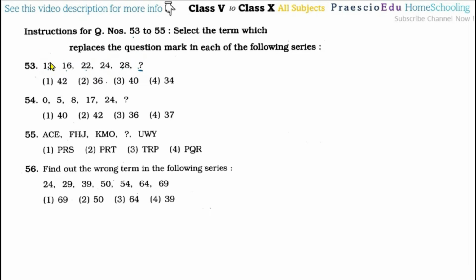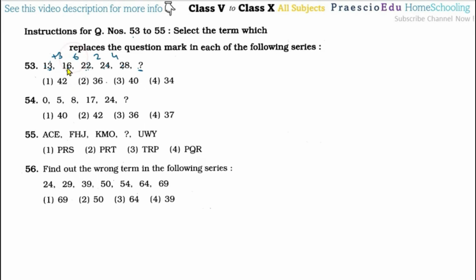The differences are plus 3, then 6, then 2, then 4, and each difference comes from the unit place of the previous number. This 3 comes from 13's unit digit 3, so 13 plus 3 is 16.